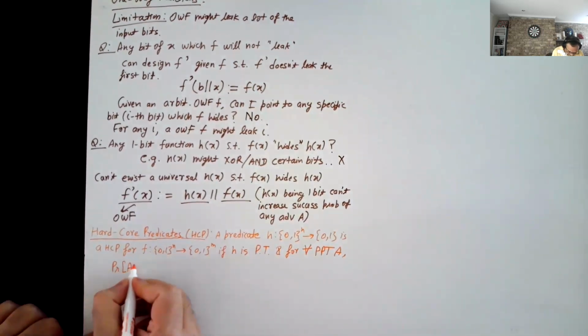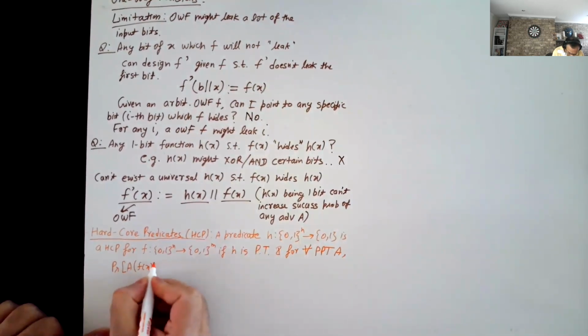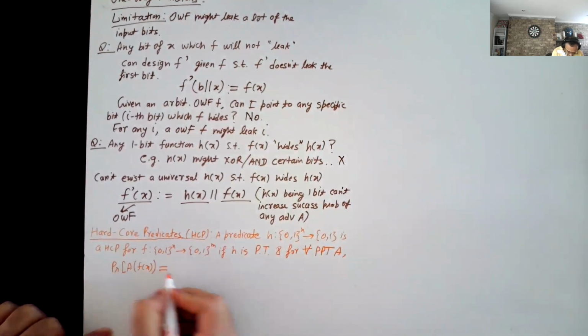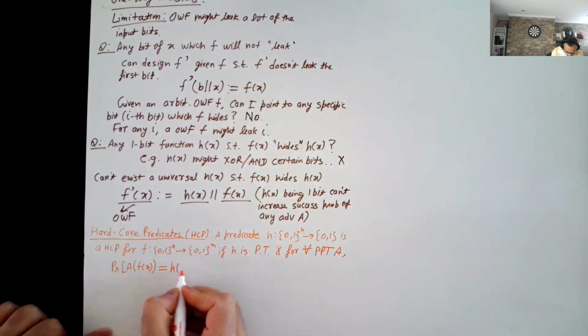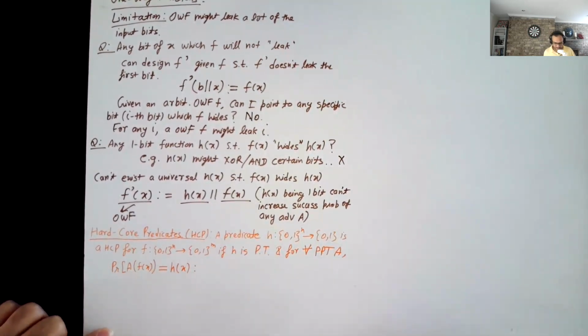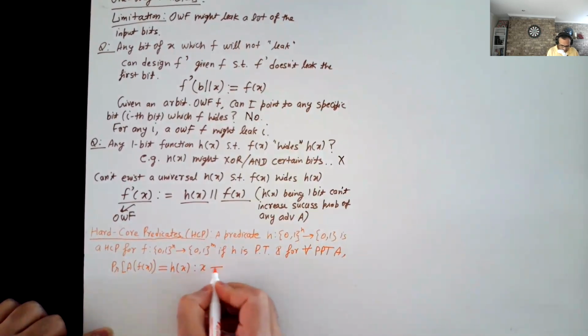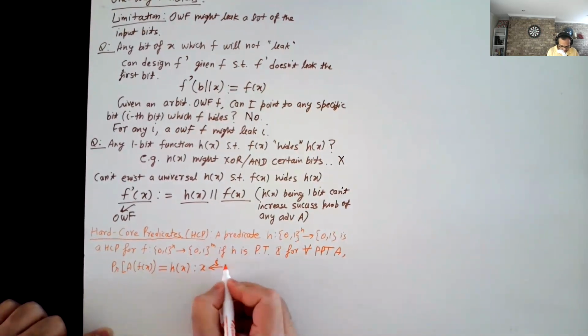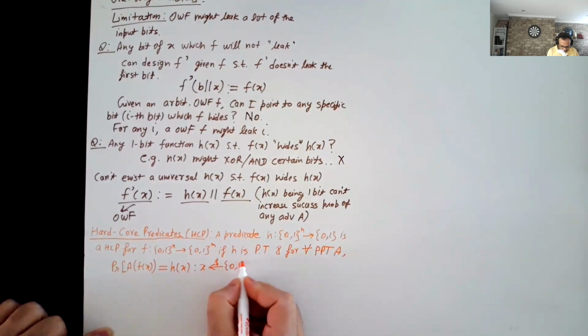So the adversary is given f of x, and the adversary has to guess h of x. We are looking at this probability such that x is chosen uniformly from the input domain.